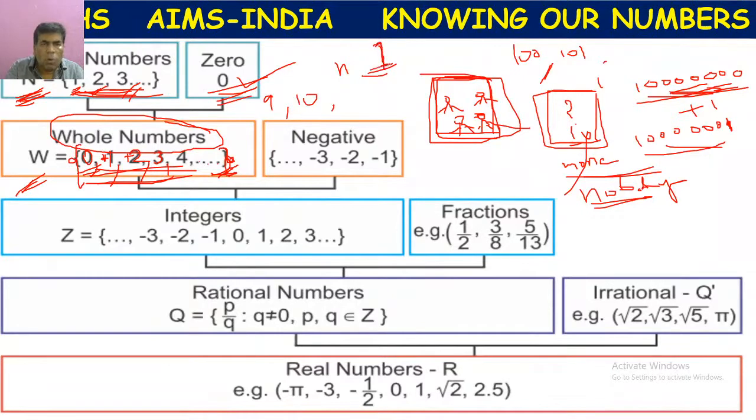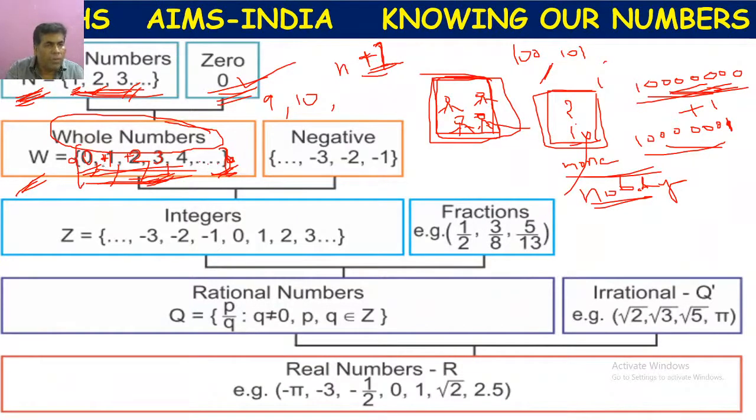If there is no mathematical symbol before 1, we have to assume there is a plus symbol. So 1, 2, 3, 4 all are considered as positive numbers. So in whole numbers there is no place for negative numbers.